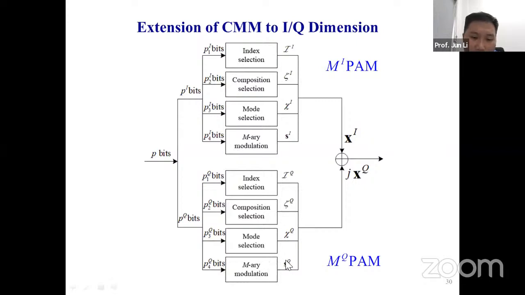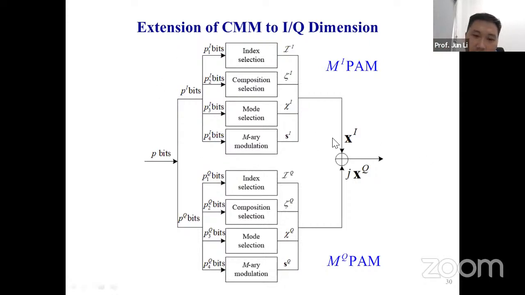Similarly, the imaginary part of the transmit signal SQ still has these three parts: the active subcarrier selection, the allocation pattern selection, and the constellation permutation selection, right?